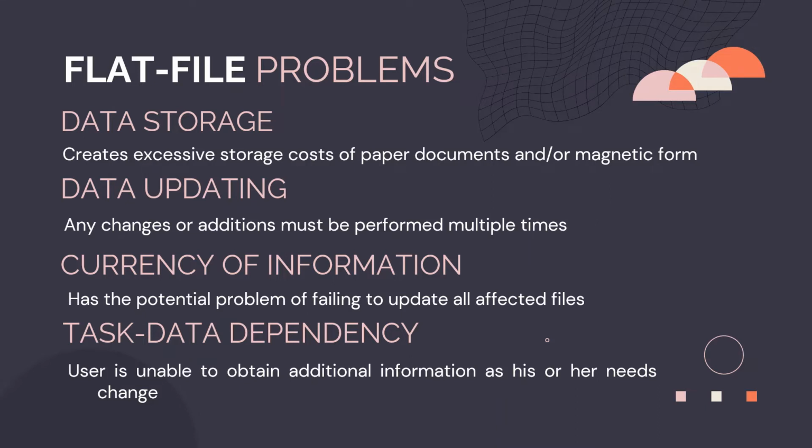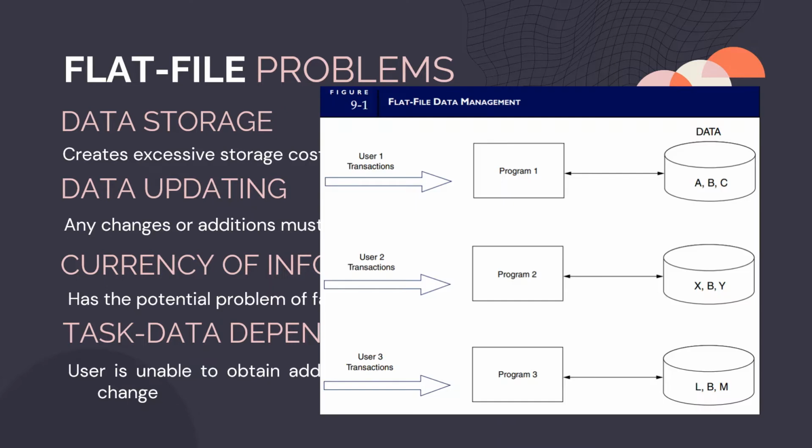So, para mas maintindihan natin to, let's go back to the illustration. For example, data A, B, and C is only exclusive for user 1. However, data C, for example, kailangan ito ni user 1 or user 3. Pero since exclusive ito kay user 1, syempre kahit existing si data C, hindi ito ma-access ni user 2 or 3. Okay?